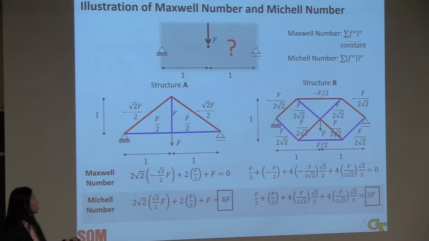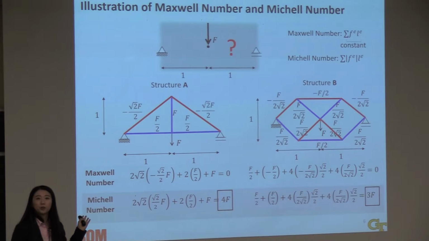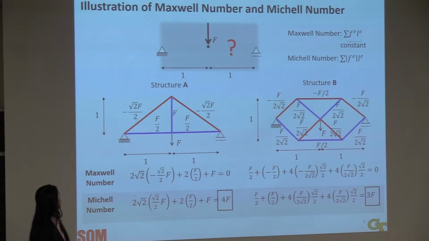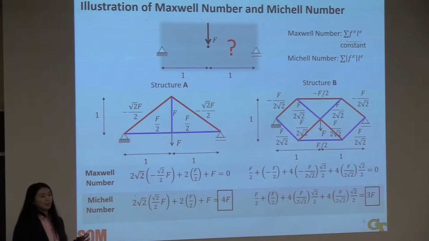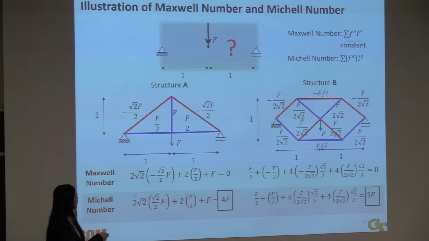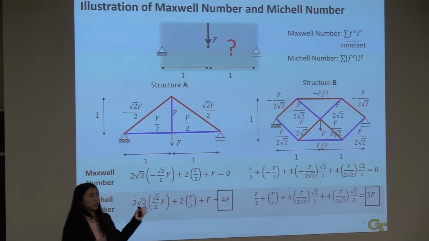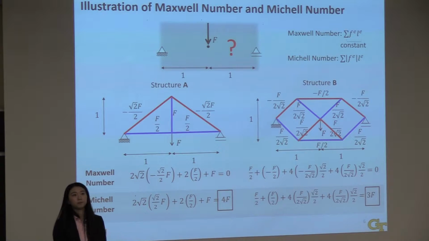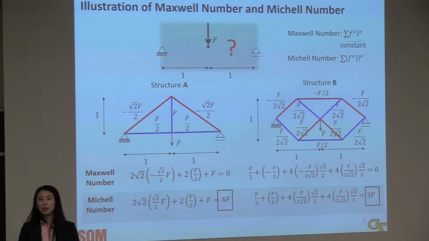I'm not going to do the calculation here; I list all the forces for you. The first thing we do is calculate the Maxwell number by adding the internal force times the length of each member. Even though the two structures have very different layouts, both of them have the same Maxwell number. So the Maxwell number is really structure independent.